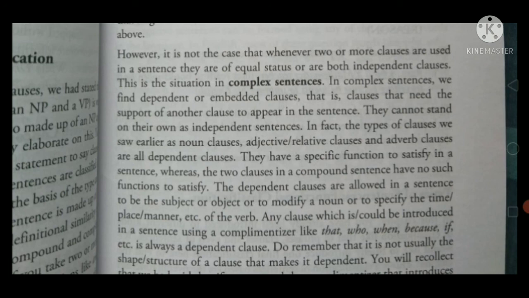They have a specific function to satisfy in the sentence, whereas the two clauses in a compound sentence have no such functions to satisfy. The dependent clauses are allowed in a sentence to be the subject or object, or to modify a noun, or to specify the time, place, manner, etc. of the verb. Any clause which could be introduced in the sentence using a complementizer like that, who, when, because, if, etc. is always a dependent clause.